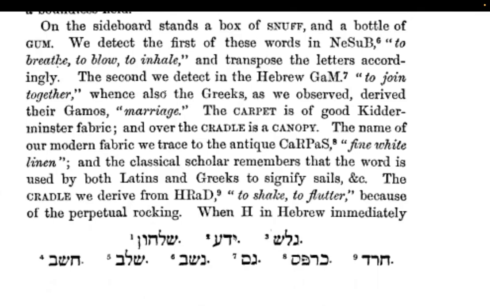The second we detect in the Hebrew gam, which is right here, gimel mem, right? To join together. Whence also the Greeks, as we observed, derive their gamos, marriage.